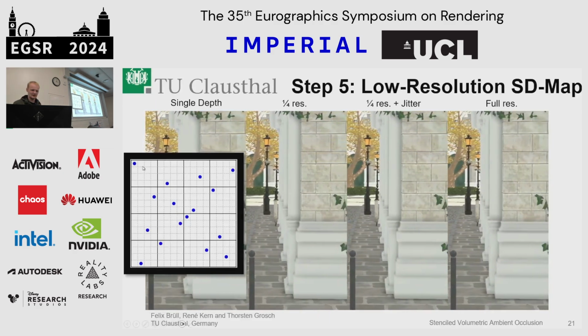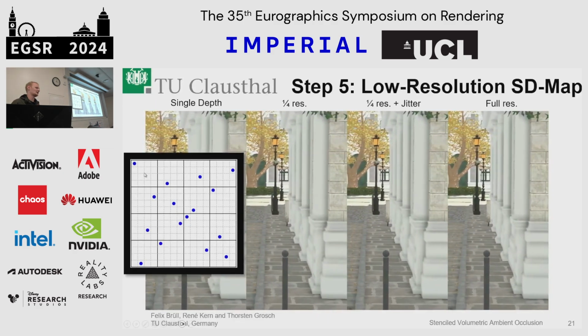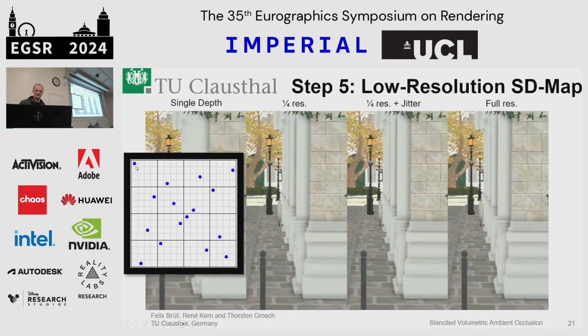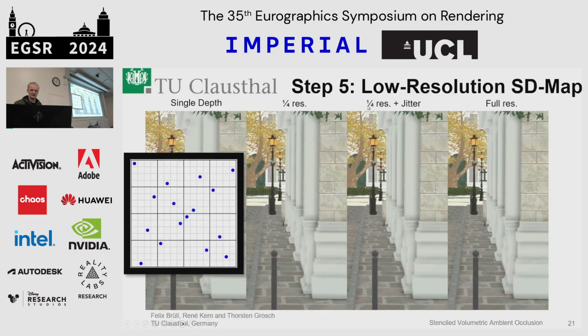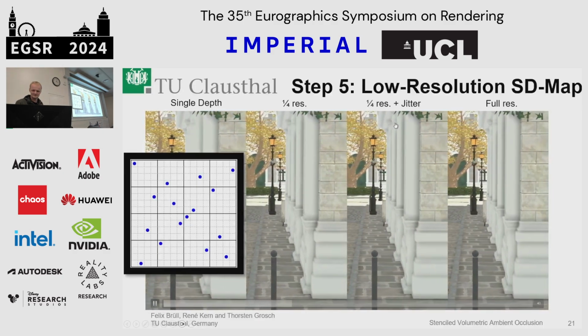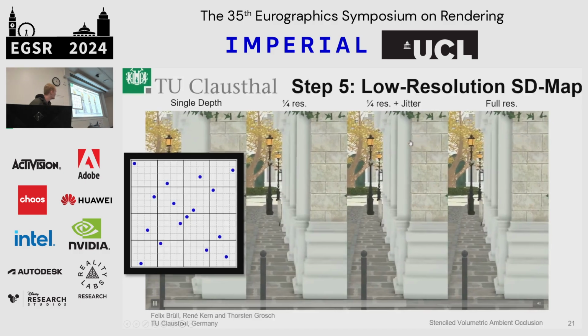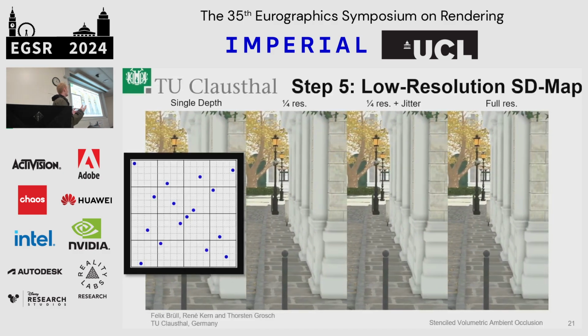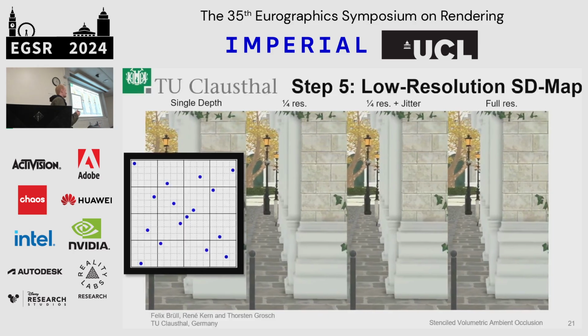So in the first pixel, instead of shooting the ray through the center of the pixel, we shoot it to the top left of the pixel. This will then result in this third column, which I called quarter resolution plus jitter. And I think you should not see any noticeable flicker anymore, and it's quite acceptable.